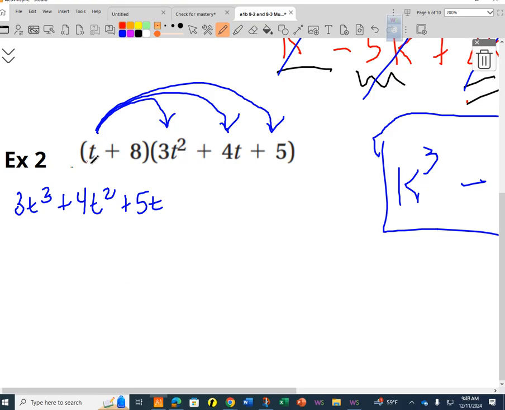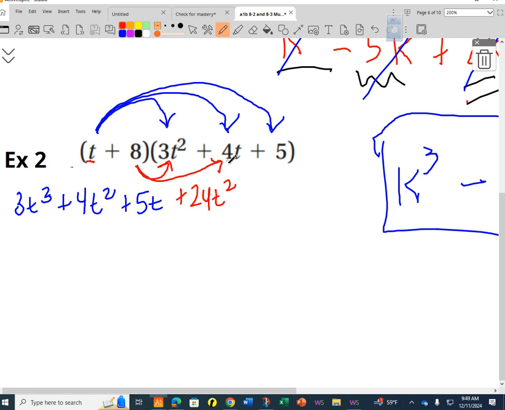All right, so we've distributed the t to everything. Now I need to distribute the 8 to everything. What's 8 times 3t squared? Fatima? What's 8 times 3t squared? Perfect. And 8's got to be distributed to the 4t.